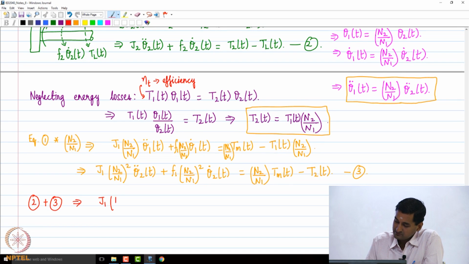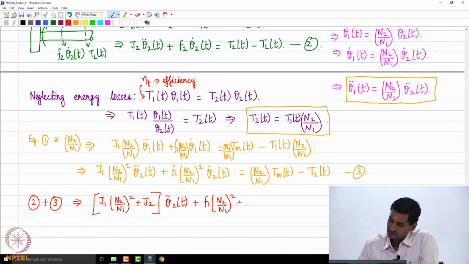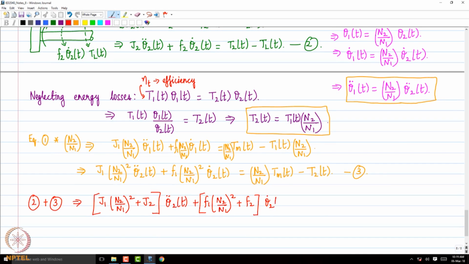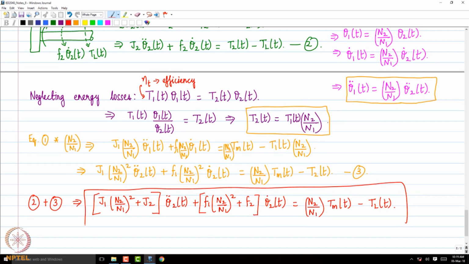It will give me J1 N2 by N1 whole square plus J2 theta 2 double dot t plus F1 N2 by N1 whole square plus F2 theta 2 dot t, that is going to be equal to N2 by N1 TMt minus TLt.